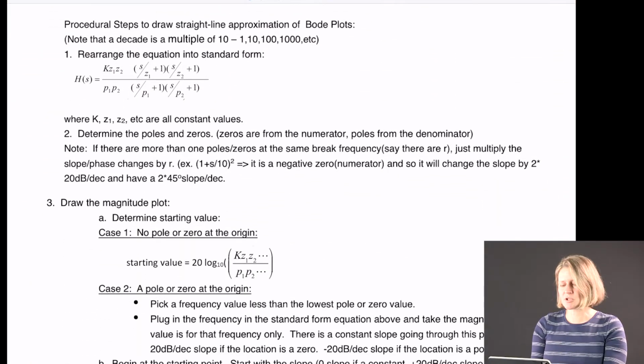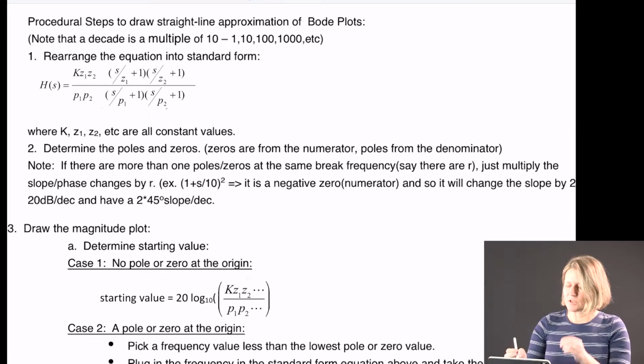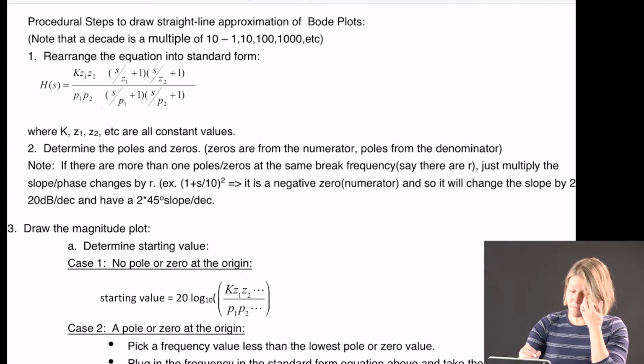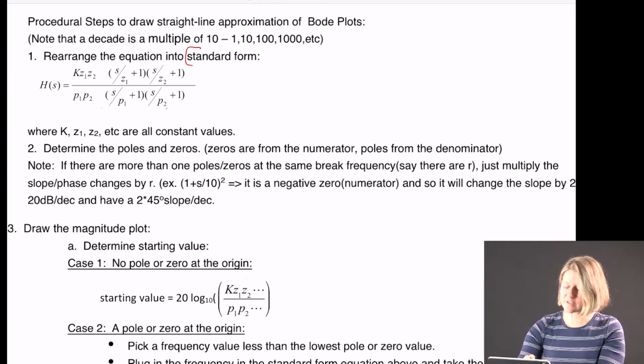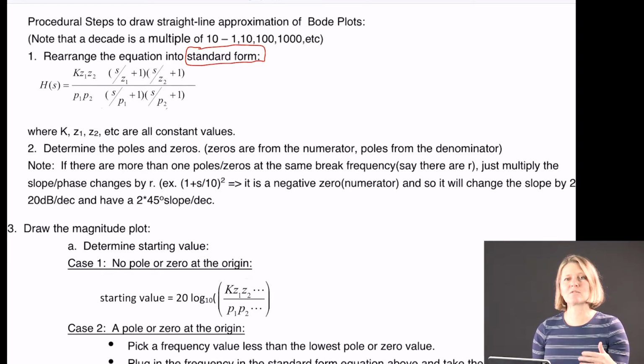The steps to do this, I have outlined in the notes, the procedural steps to drawing this straight line approximation. First is to get the equation into what is called the standard form. After you analyze the circuit, remember you want to analyze it with S instead of j omega, so that you get an equation in the form of S. S was the S-plane, instead of the Cartesian vectors or phasor vectors that we looked at previously.